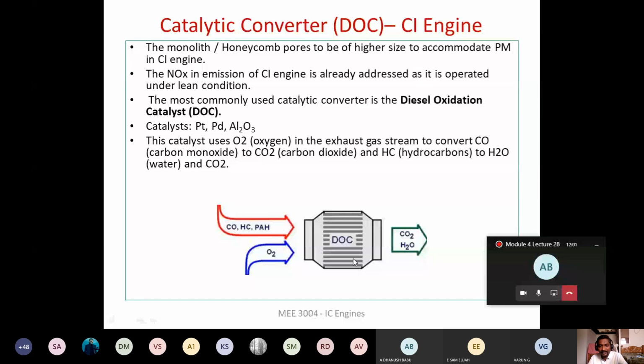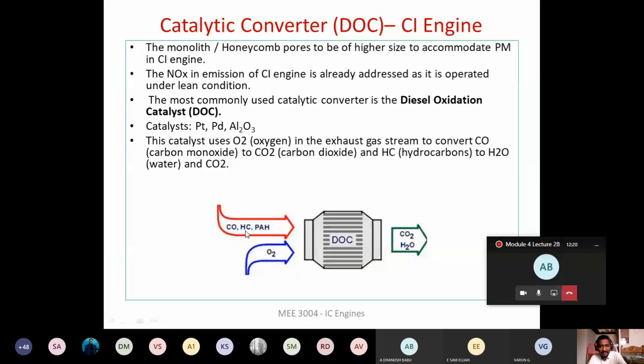So in the case of the diesel oxidation catalyst, assume that this is a system. We are allowing the exhaust gas, which contains harmful or untreated gas, and finally we get the harmless or treated gas that is led to the atmosphere.